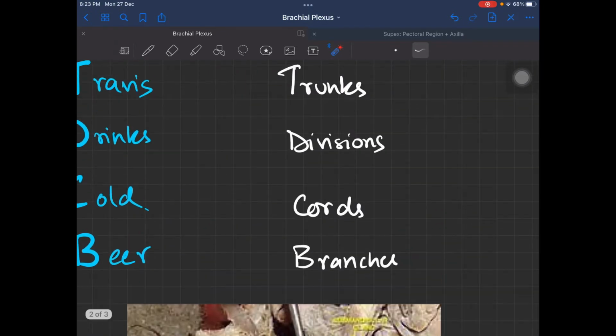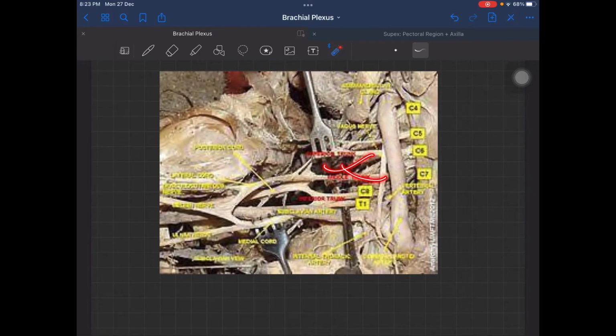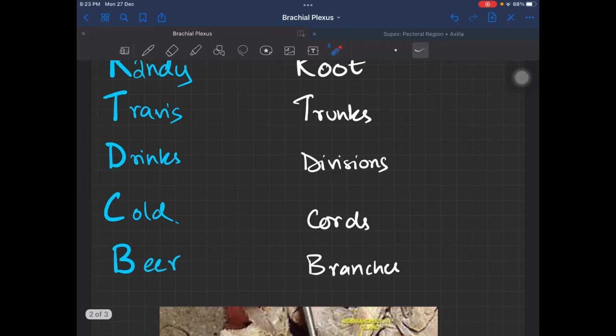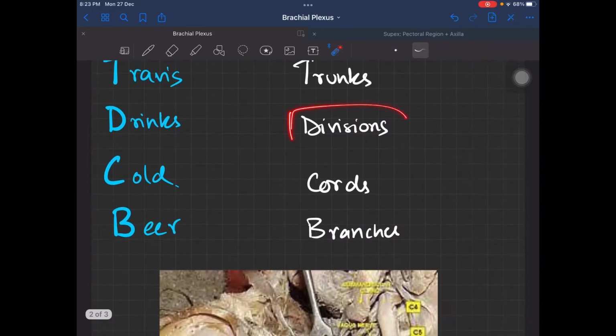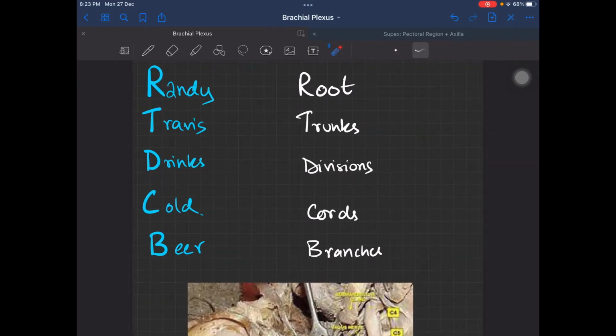Those are called the roots. Then certain roots mix, a network is formed, then the trunks come. After the trunks come the divisions, then the cords, and then the branches. Once we start drawing the brachial plexus, all of this will become much clearer.